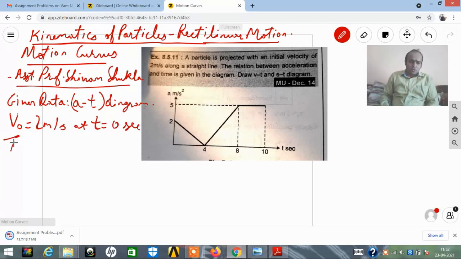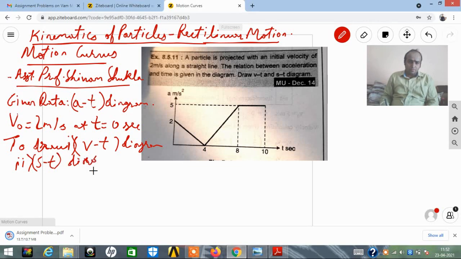What are we supposed to draw? To draw is the Vt curve and St curve, that is Vt diagram and St diagram. First is Vt diagram and second is St diagram. Okay. For that, how do we proceed for this problem?